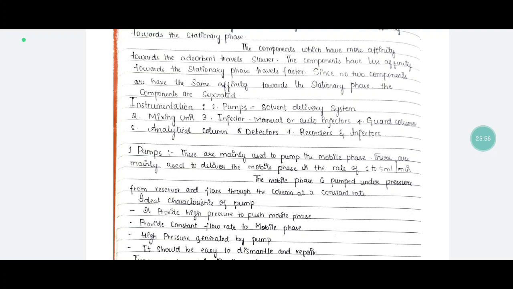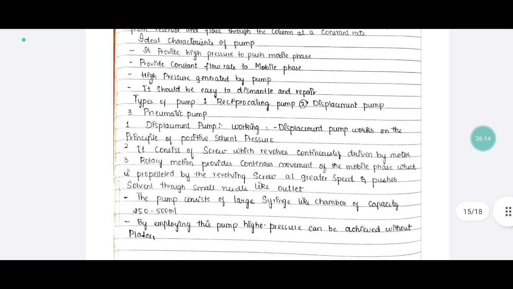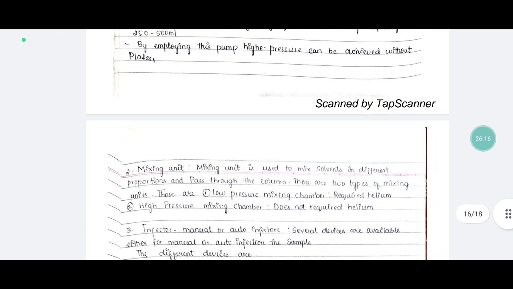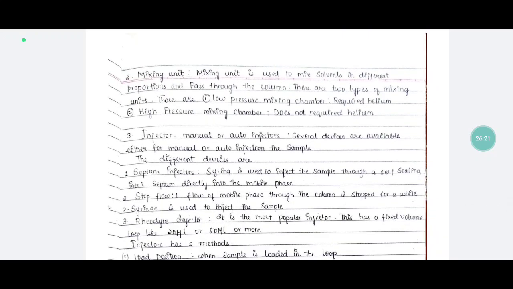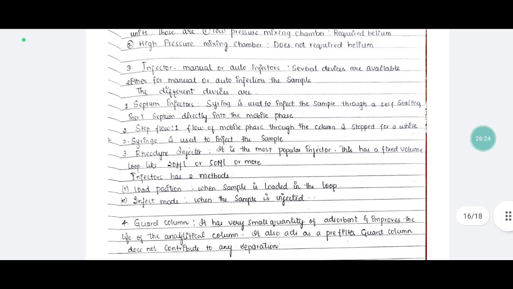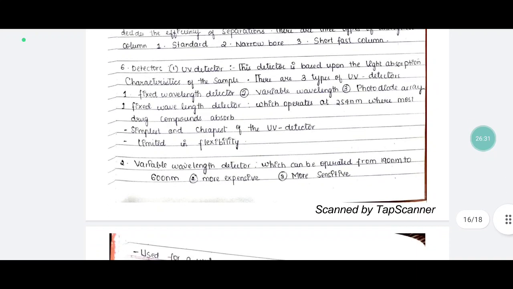Just note it down or copy it to the book. I'm not going to explain because the video will get much longer. Pumps, in that the displacement pump and other pumps, and the mixing unit, the injectors, guard column, analytical column and even the detectors.